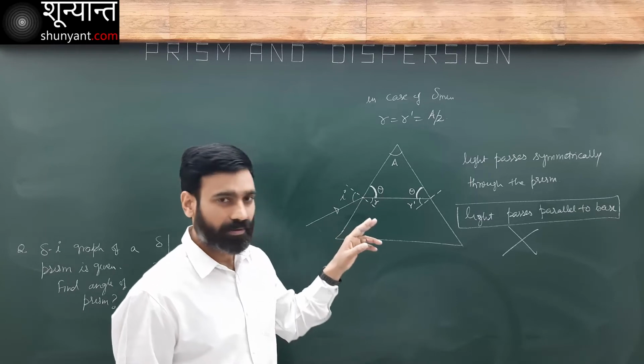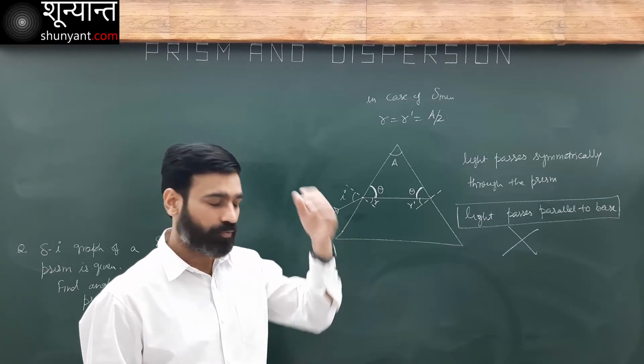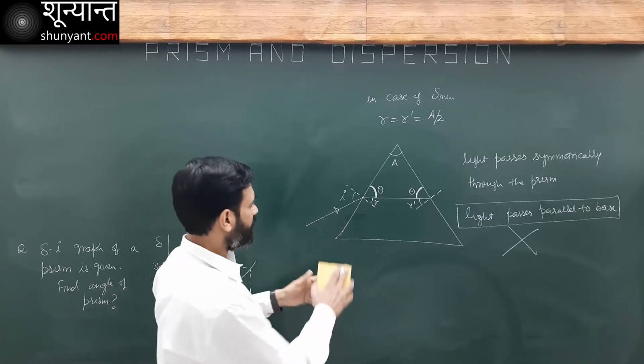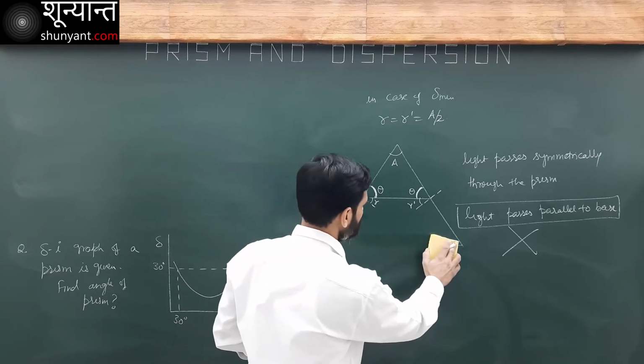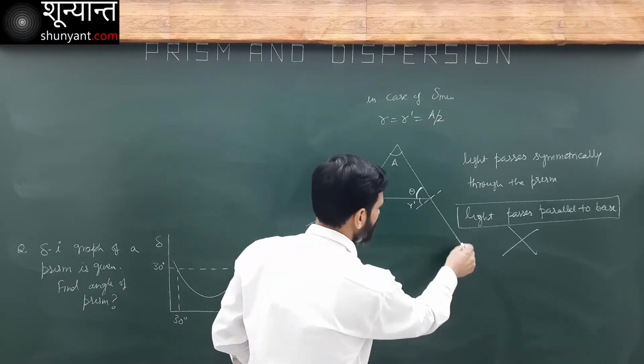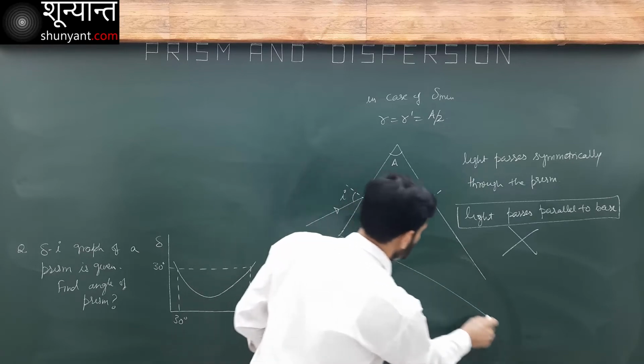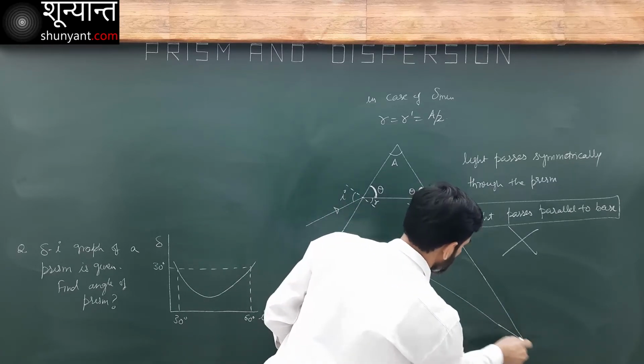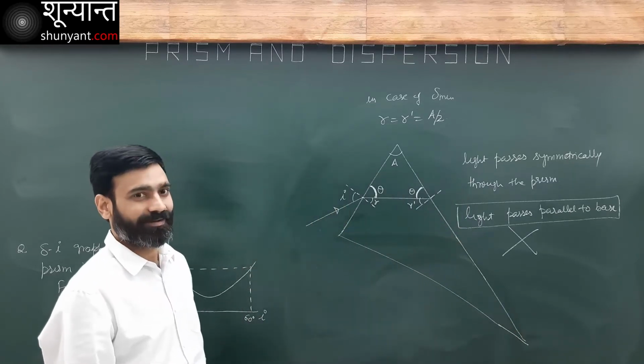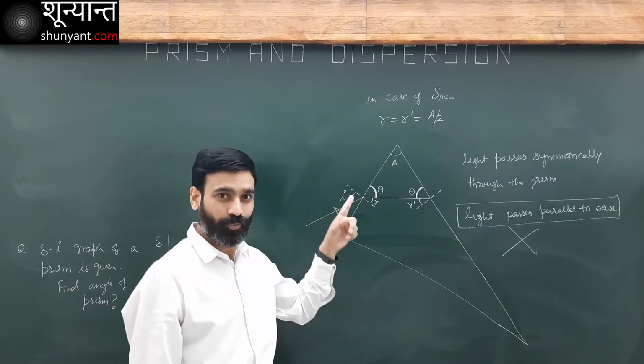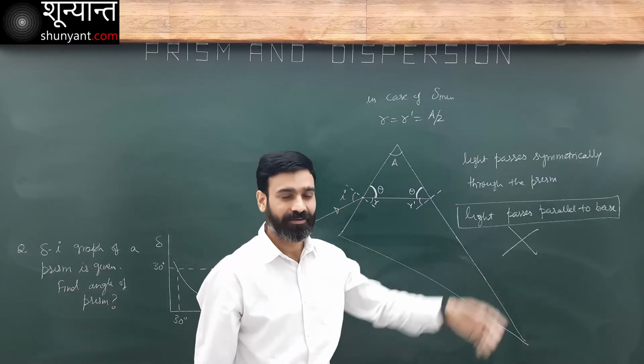Now I am giving you one very simple example. If my prism is like this, let's say that this is my prism. Do you think this light is going to know how the base looks like?